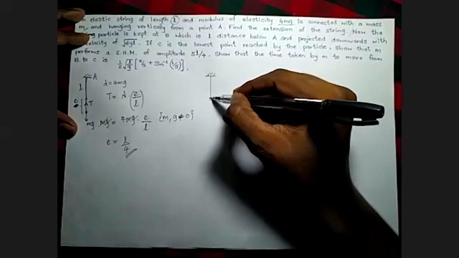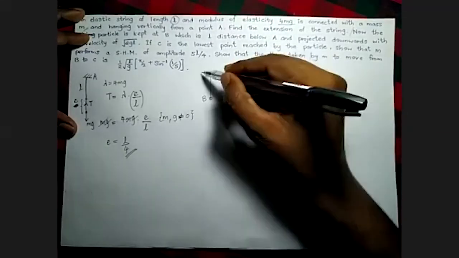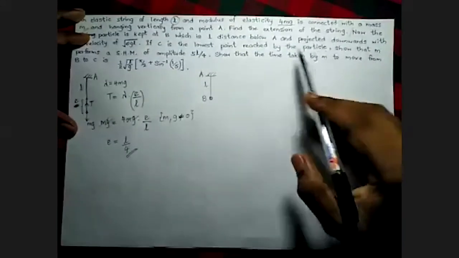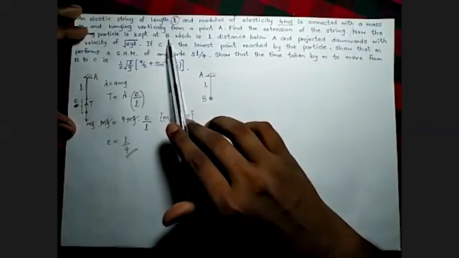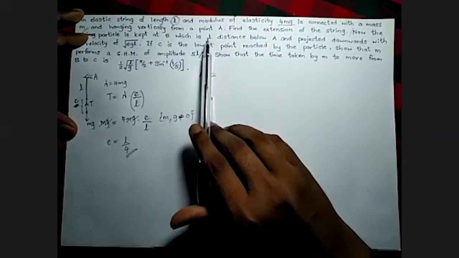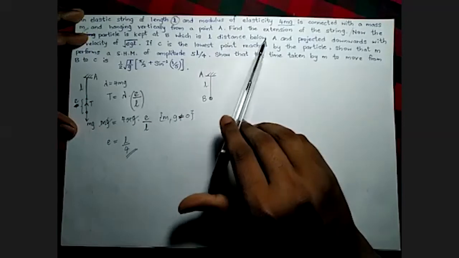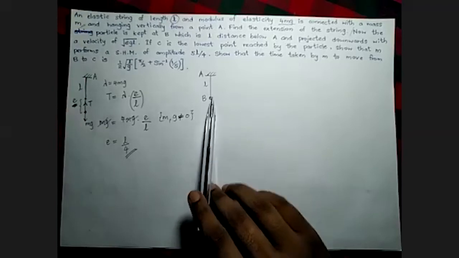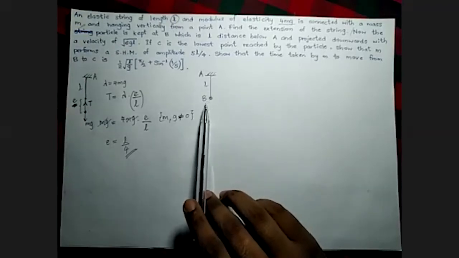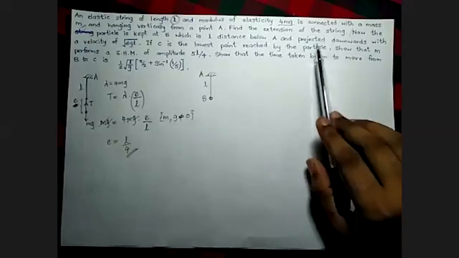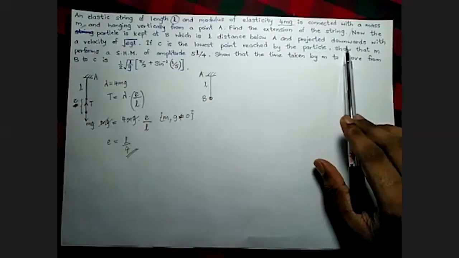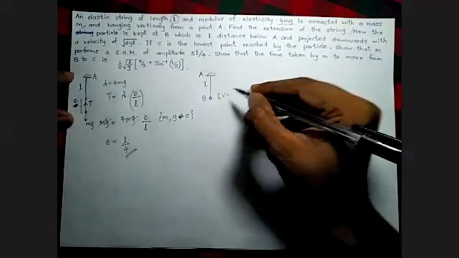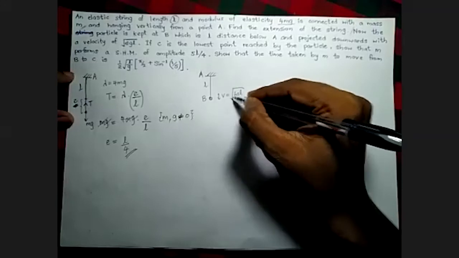Particle is kept at B, hanging from A, natural length is L, and they have mentioned this point B is L distance below A. That means B is exactly at the natural length of the string, and the particle is projected downwards with a velocity of square root 6gL.